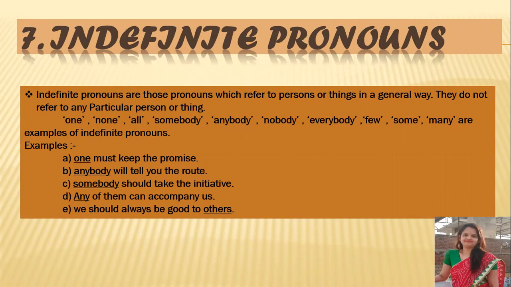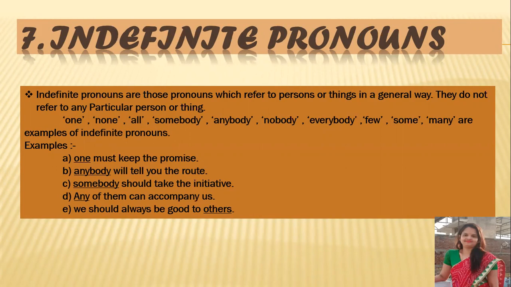One may be anyone. Anyone, anybody, somebody, which is said in quite a common way. In a general way means in a common way. Suppose you talk in a group, or in an assembly you talk for each and every person, that is in a general way you are talking for everyone.